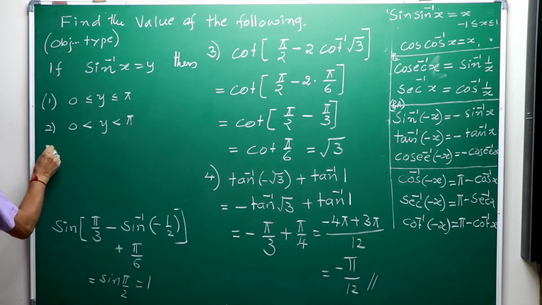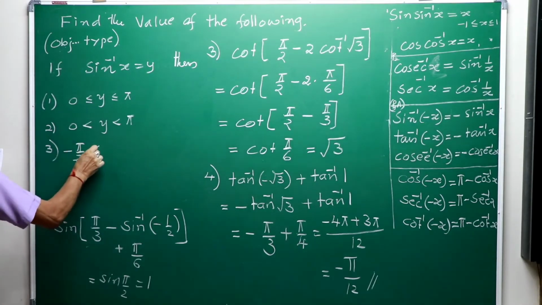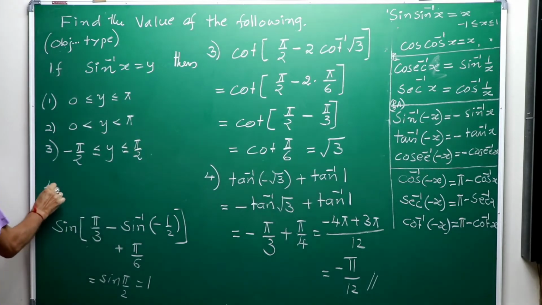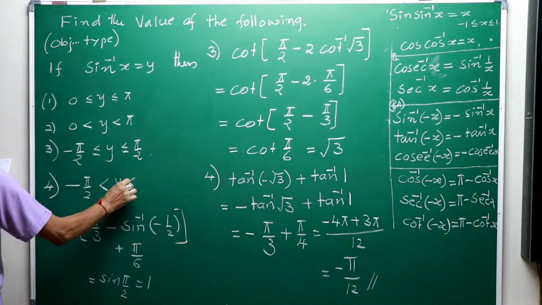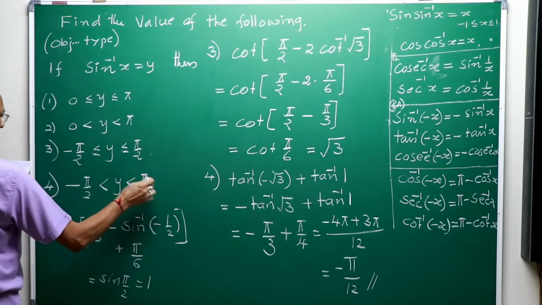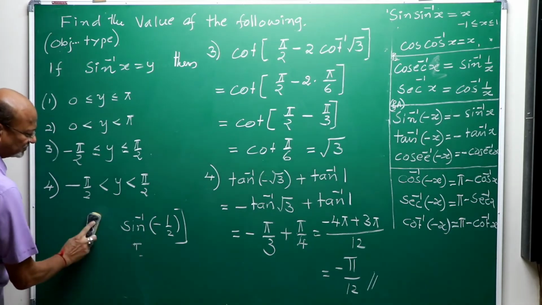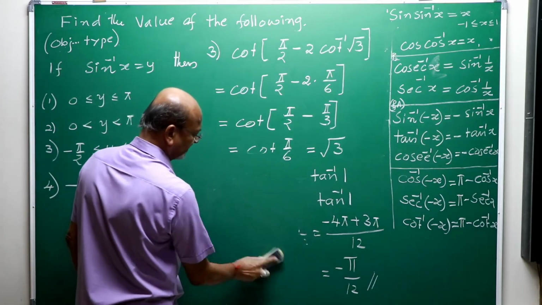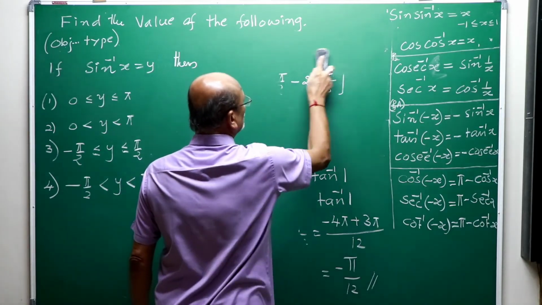Third, minus pi by 2 less or equal to y less or equal to plus pi by 2. And fourth option, open interval, minus pi by 2 less than y less than plus pi by 2. See, my friends, it is given sine inverse x equal to y, then y equal to dash.